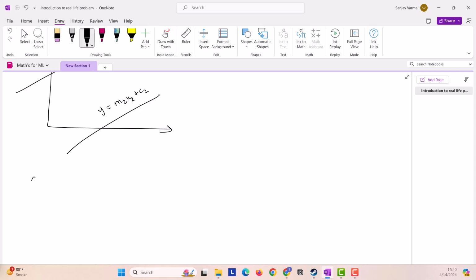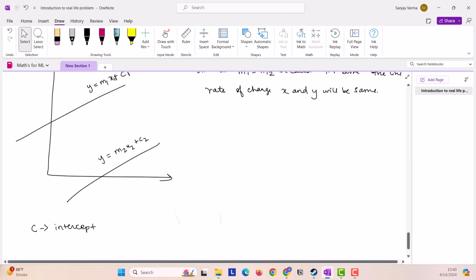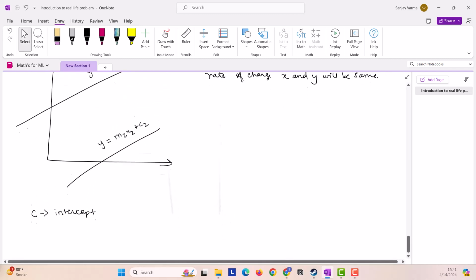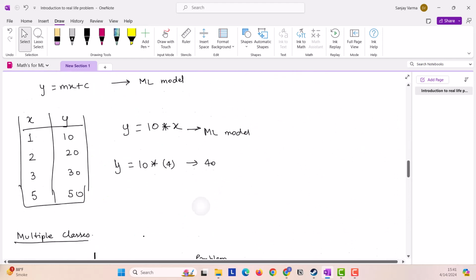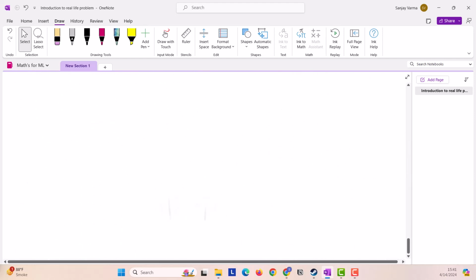What is c? We call m the slope, and c is the intercept. So c is where the line will cut the y-axis. Let's take an example to understand that.